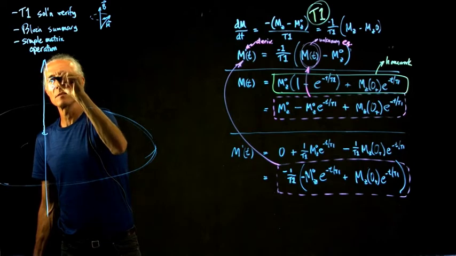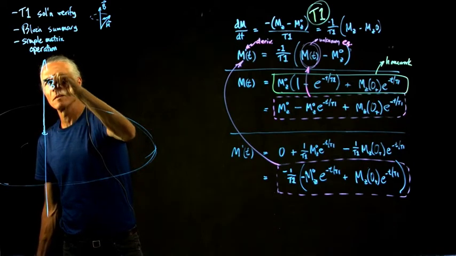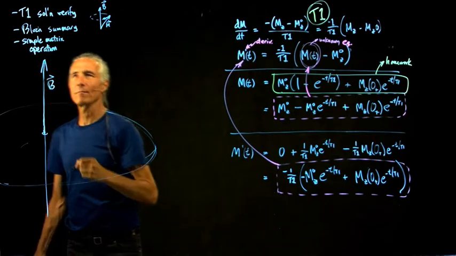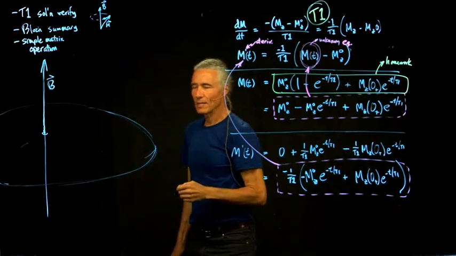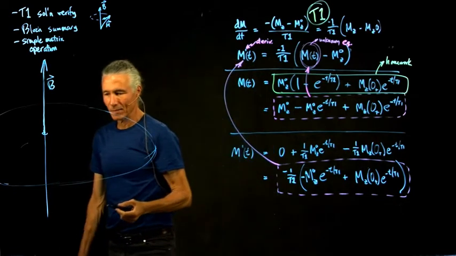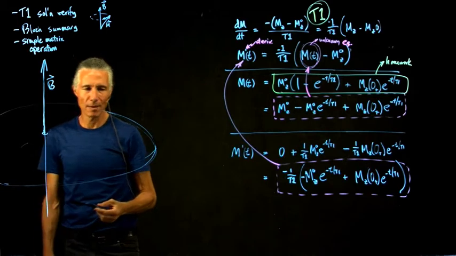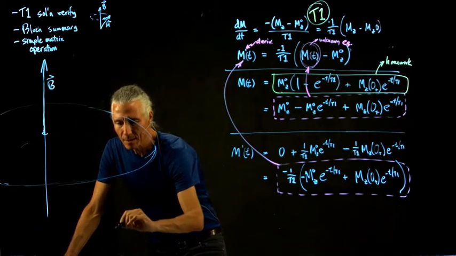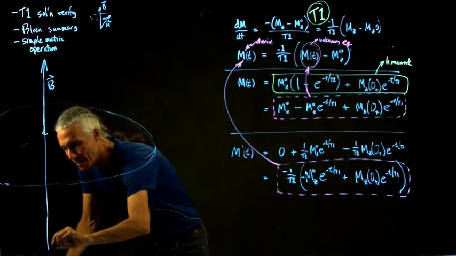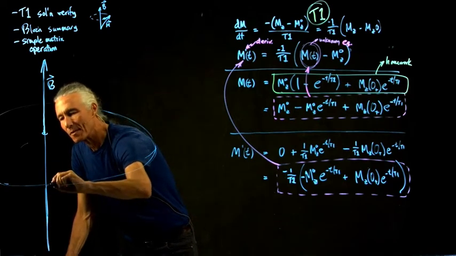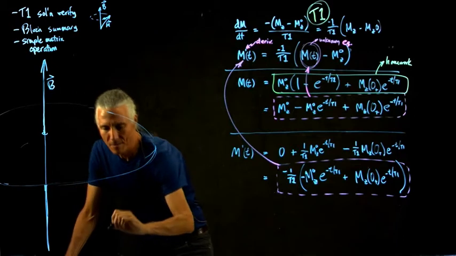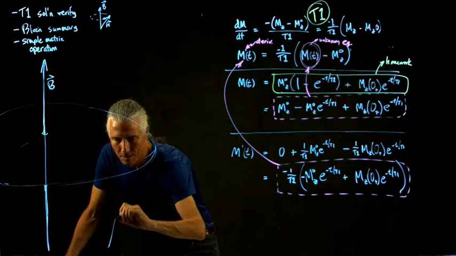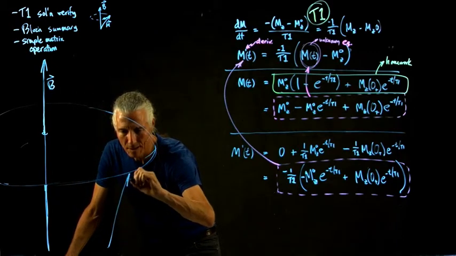This is the B field. When we include everything, precession plus T1 decay plus T2 decay, what does it look like? Here's the M vector, the current state of the M vector.